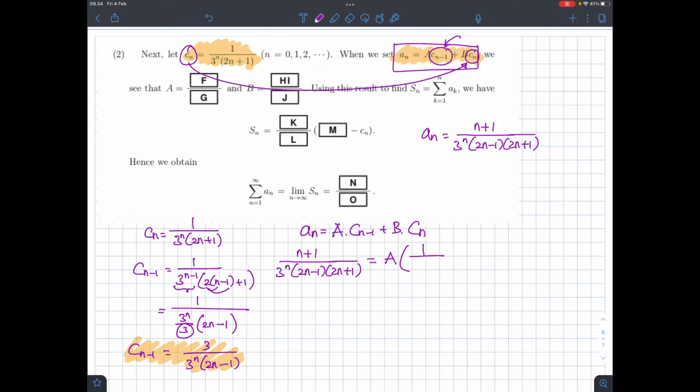Cn is 1 over this one, and Cn minus 1, I made a mistake here, Cn minus 1 goes here, 3 over this one, and for B times Cn.